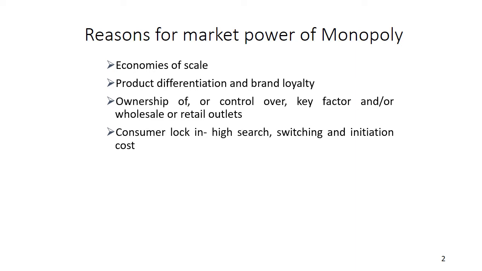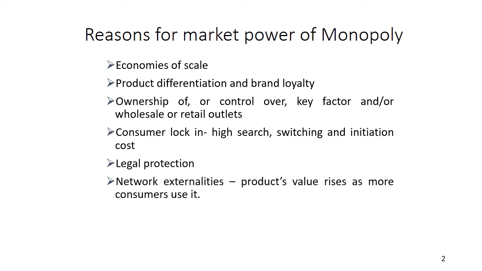Then consumer lock-in, high search or switching and initiation costs. Legal protection. Network externalities, which means the product's value rises as more consumers use it. Then mergers and takeovers. Then another kind is aggressive tactics.